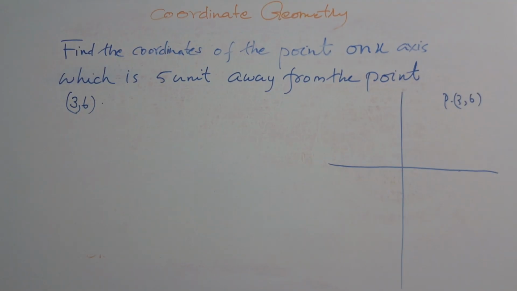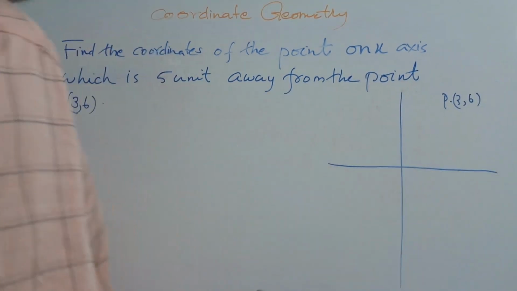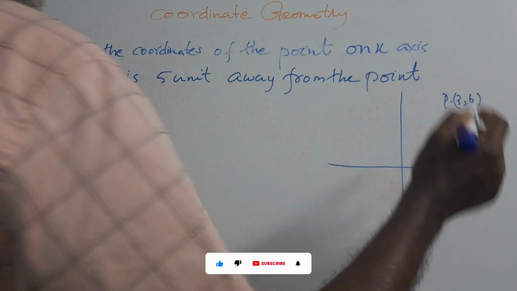Let's answer this question. Find the coordinates of the point on x-axis which is 5 units away from the point (3, 6). The coordinates of the point is given as (3, 6). Let's assume that there is a point on x-axis.